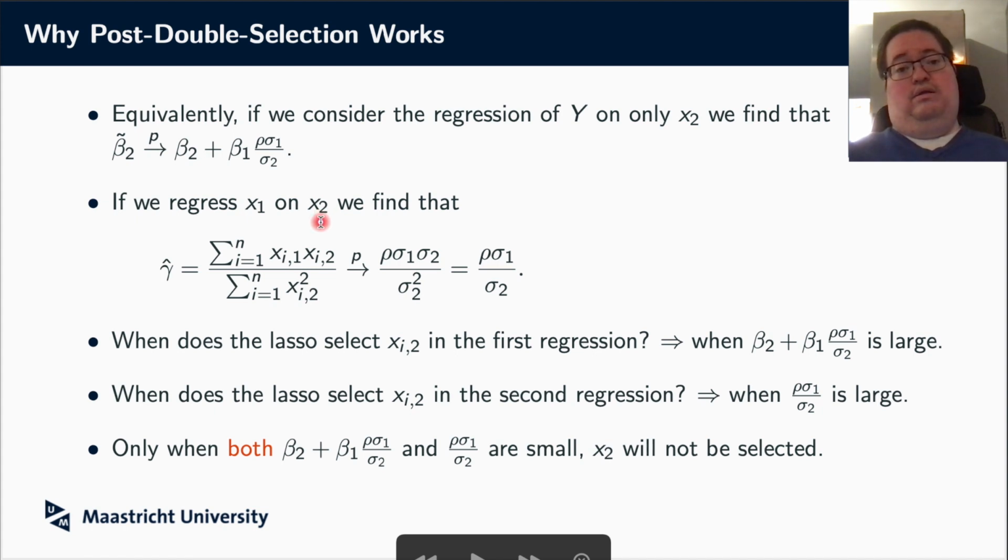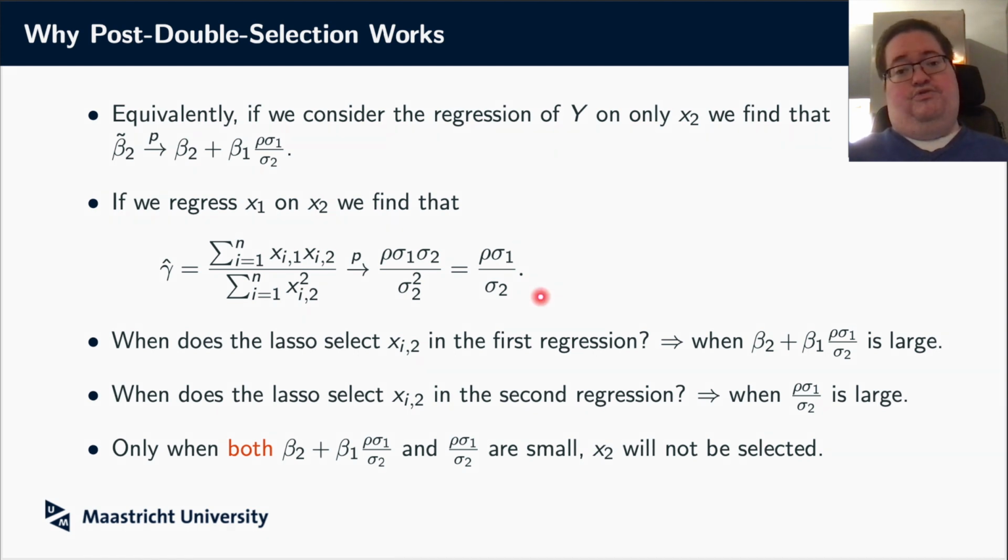When would you then select these variables in your model? Well, if your coefficient is far enough away from 0. This is the coefficient that we're aiming for, because even though we have an inconsistent model, this would be the true regression coefficient of y on x2, and this would be the true regression coefficient of x1 on x2.